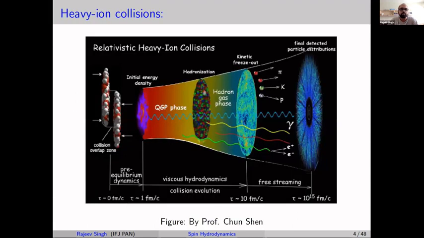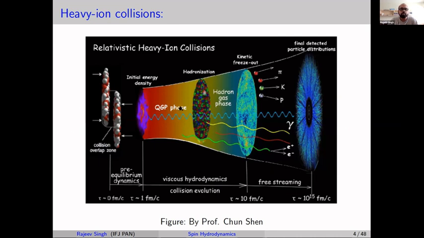Many of you know that this is a schematic view of the relativistic heavy ion collision evolution, from the initial collision to the finally detected particles. Hydrodynamics is actually used for this evolution, from around 1 Fermi to 10 Fermi. Why is hydrodynamics used?